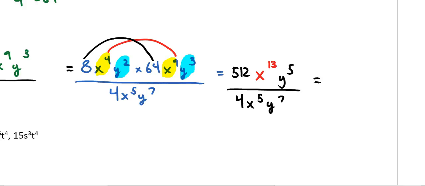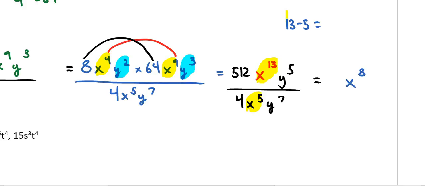Okay, and then I can divide the terms. So x to the power 13 divided by x to the power 5. That's going to be the same thing as 13 minus 5, and that's going to give me 8. So that's going to be x to the power of 8.